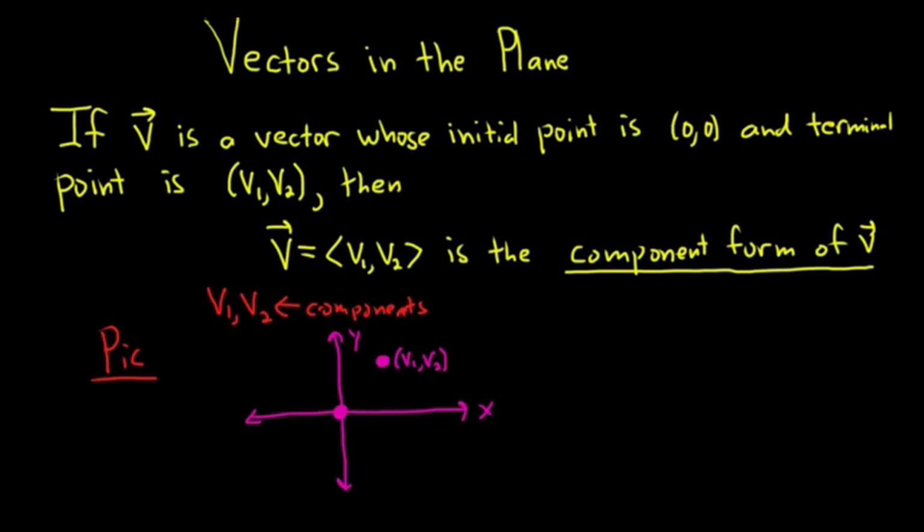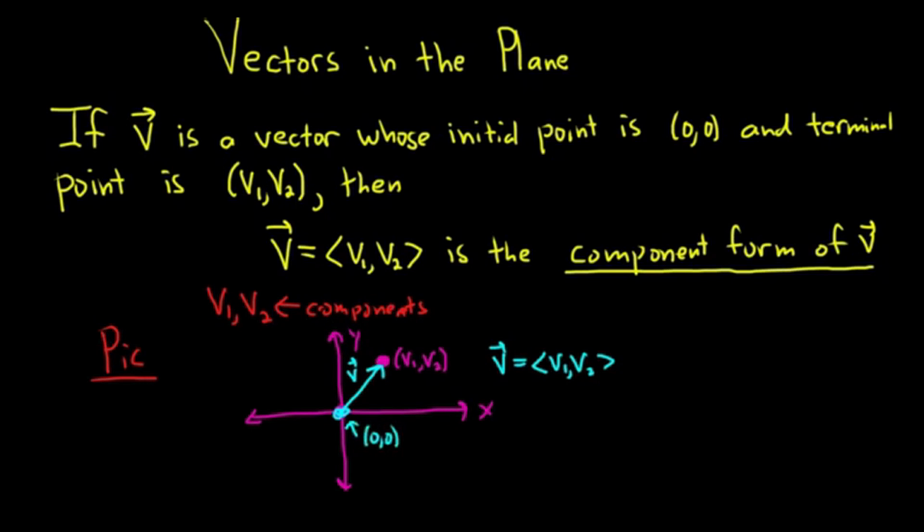And so our vector would look something like this, and that would be our vector v. So you could say v in this case is the vector whose first component is v1 and second component is v2. Since the initial point here is at the origin, I did that on purpose, then we say that our vector is in standard position. So this is a vector in standard position because the initial point is the origin.